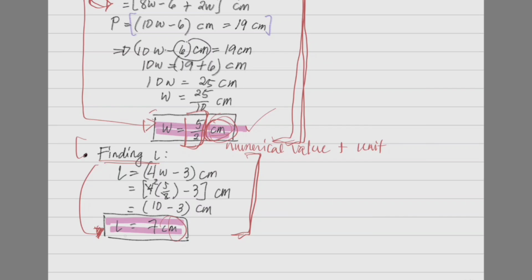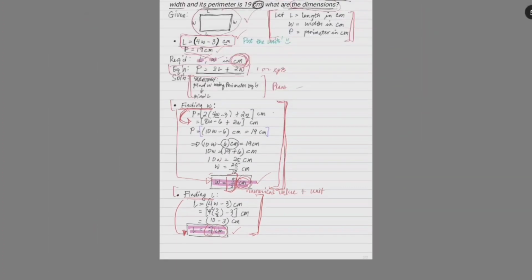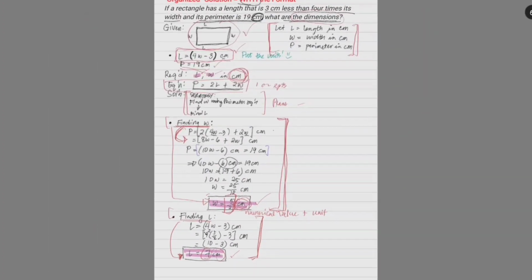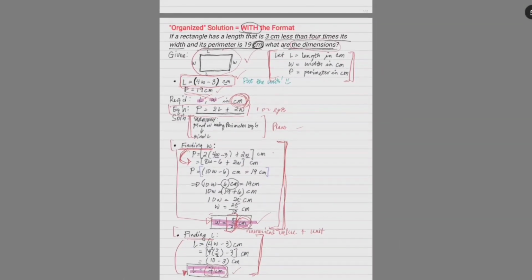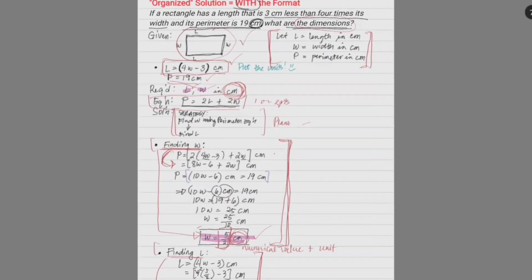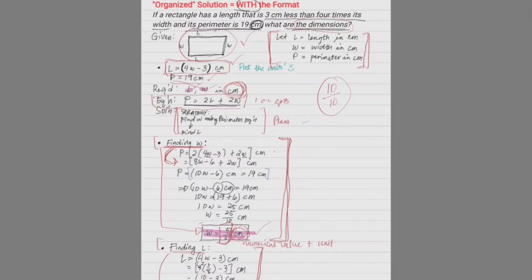Again, if this is correct, you should have a numerical value and the unit, and that should give you full points. So if this is your type of solution, and the total score for this one is 10, I can give a perfect score for this one, right?